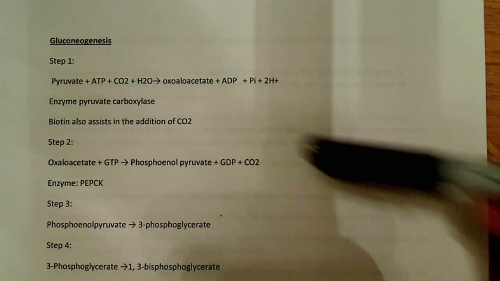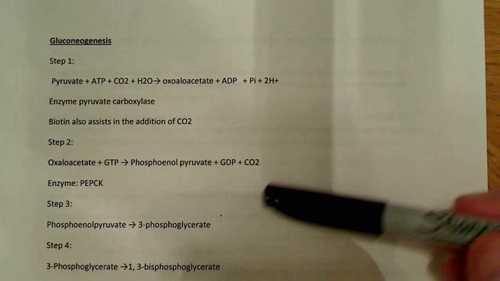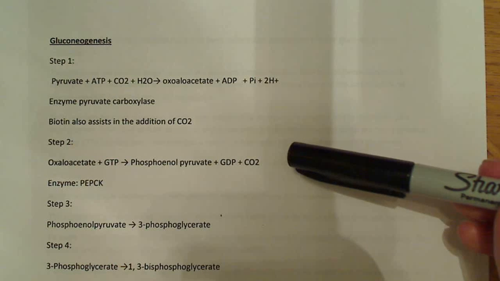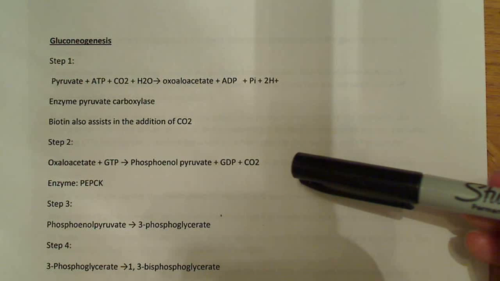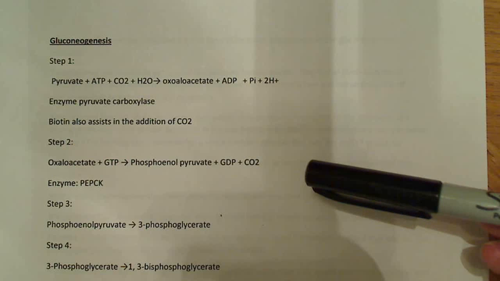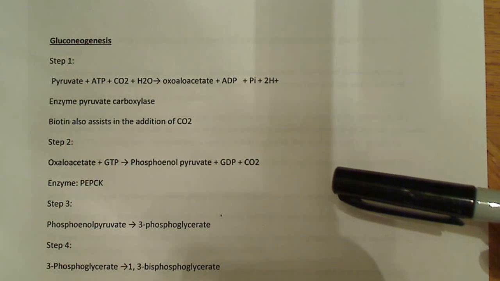The second step, again, is required to overcome this. If you look at the product we're making in step 2, it's phosphoenolpyruvate. And remember I said phosphoenolpyruvate is a high energy molecule that's produced in glycolysis. In order to produce that high energy molecule, we need GTP.